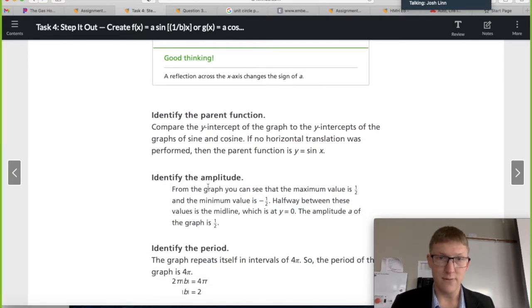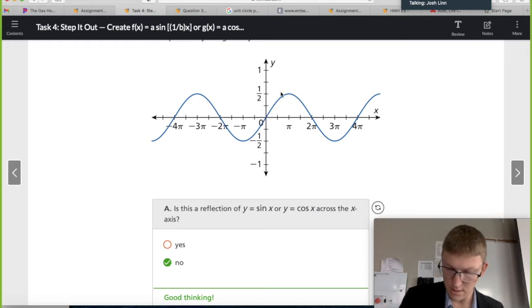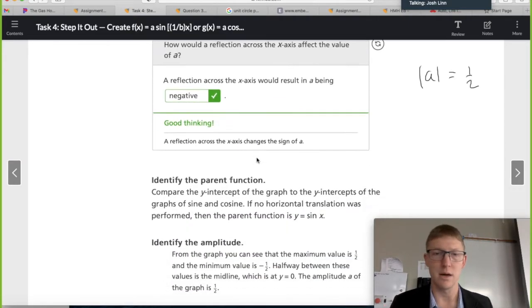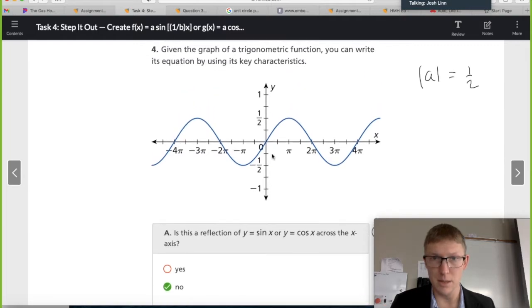So then we identify the amplitude. Our sine normally goes up to 1, but in this case it's only going up to 1/2. So the absolute value of A equals 1/2. That's our amplitude. And then I assume we're going to identify the period.